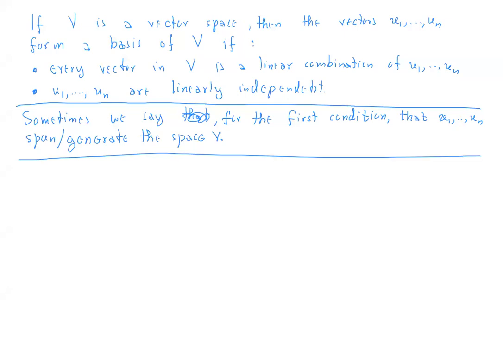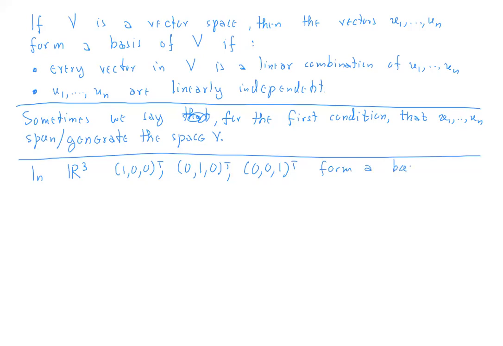So let me give the standard example that is useful to know. In R3, the vectors (1, 0, 0), (0, 1, 0), and (0, 0, 1) form a basis.